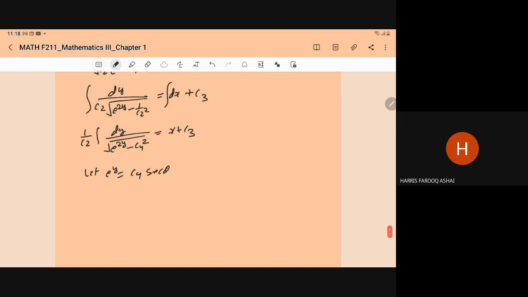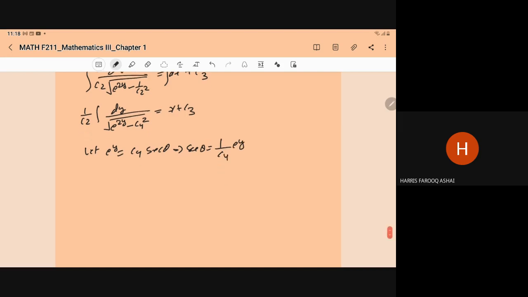To integrate this, for the left side integration, you have to assume let e to power y is equal to c4 sec theta. So this implies sec theta is equal to 1 upon c4 e to power y, and e to power y dy is equal to c4 sec theta tan theta d theta.